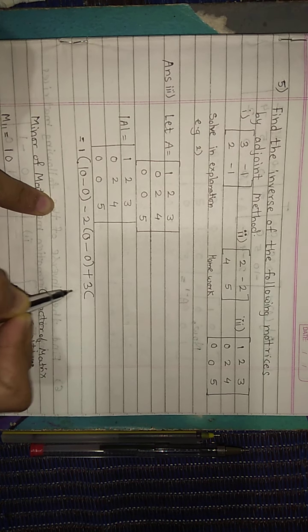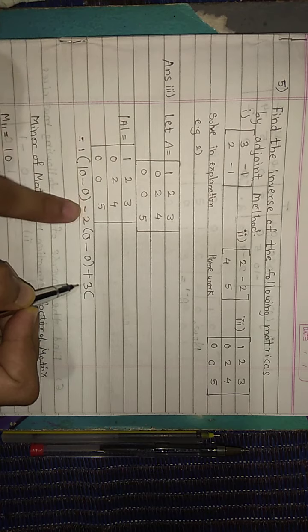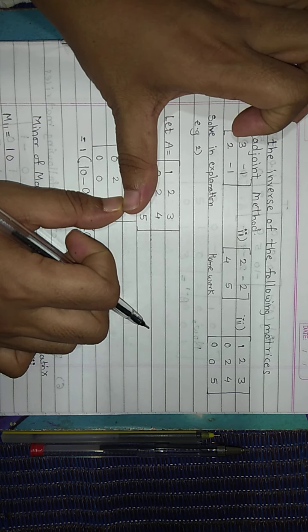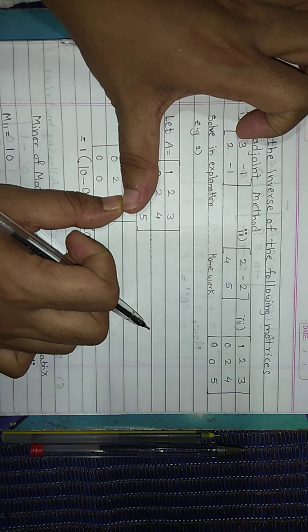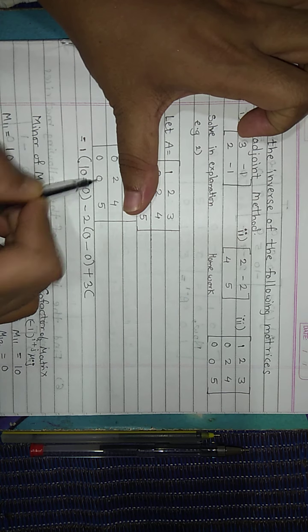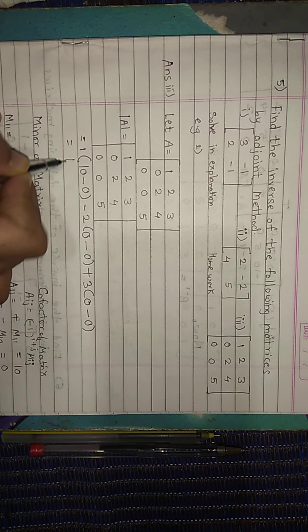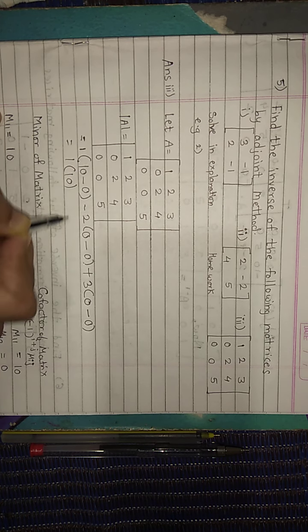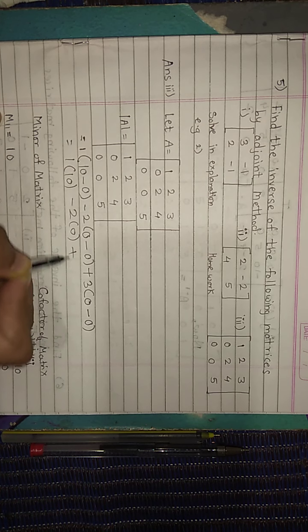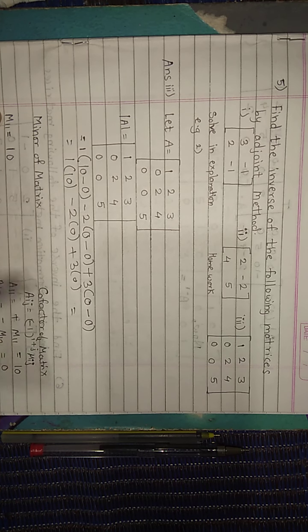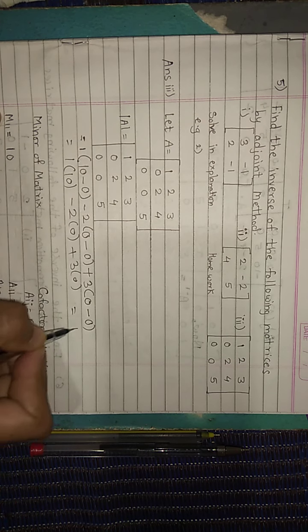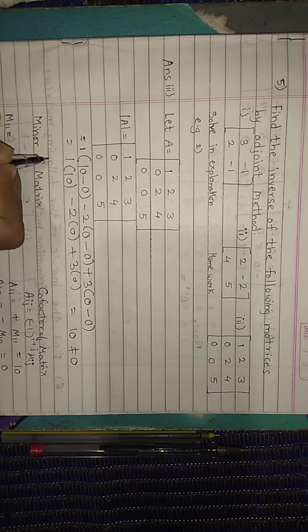Then plus sign, the third element: remove its row and column and take the determinant of the remaining numbers, 0 into 0, 0, minus 2 into 0, 0. So 1 into 10 minus 2 into 0, plus 3 into 0, which gives 1 into 10 is equal to 10, which is not equal to 0.